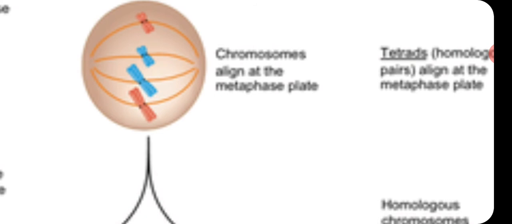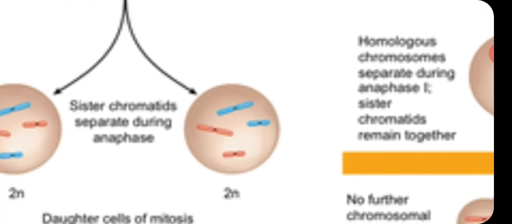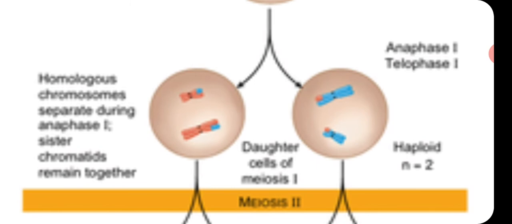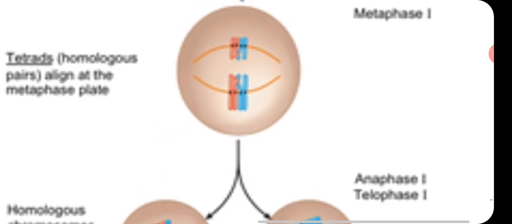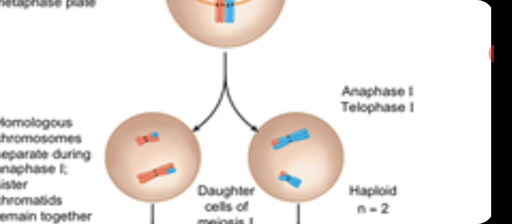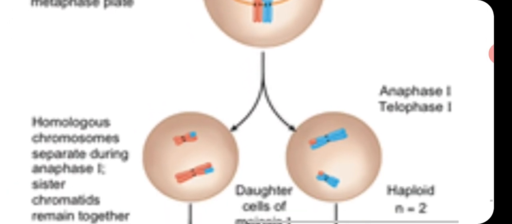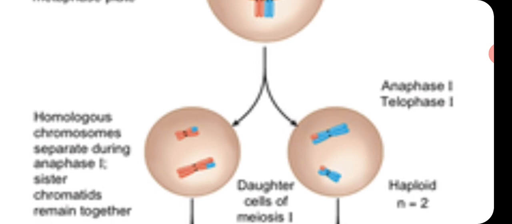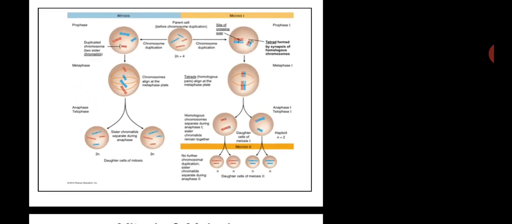Single chromosomes are arranged at the middle of the cell, and each chromosome splits to produce four in each daughter cell. But in meiosis, there is no splitting of chromosomes. Simply the homologous chromosomes are separating, one set into one nucleus, another set into the other daughter nucleus. So this makes a big difference.